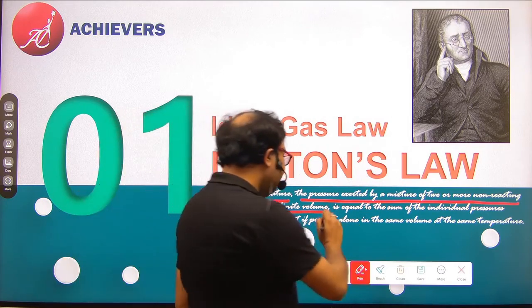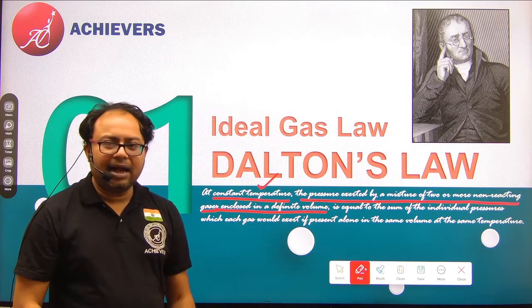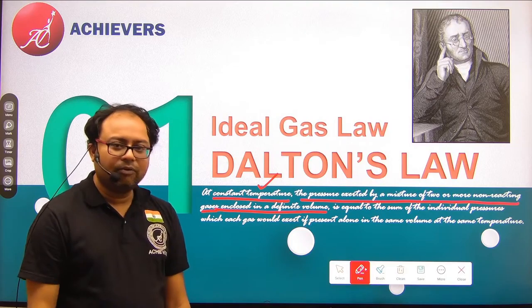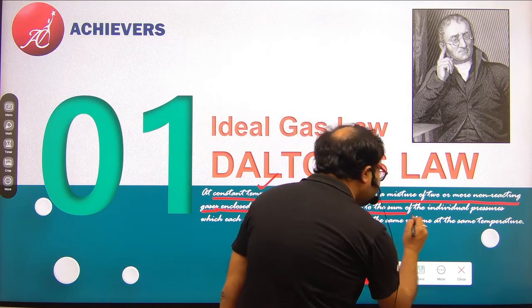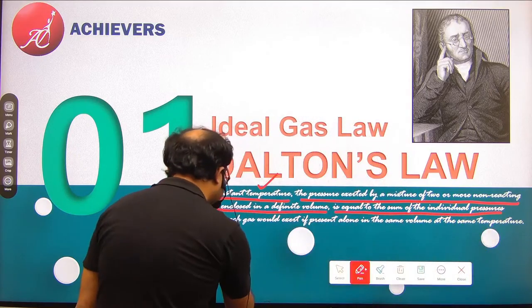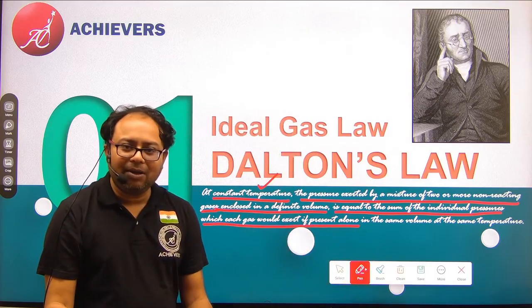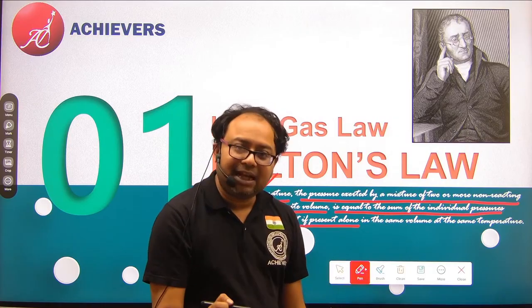That means you are keeping the volume constant and you are measuring the pressure of a mixture of gases which are essentially non-reacting. It is equal to the sum of the individual pressures which a gas should exert if present alone. As I have told you, the total pressure is equal to the sum of the partial pressures.